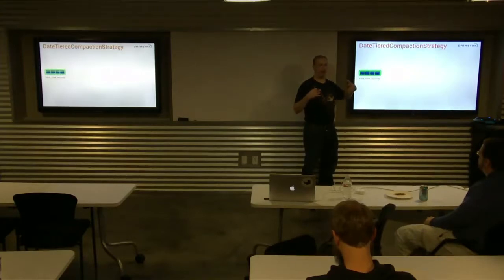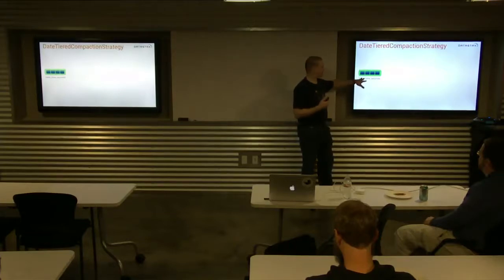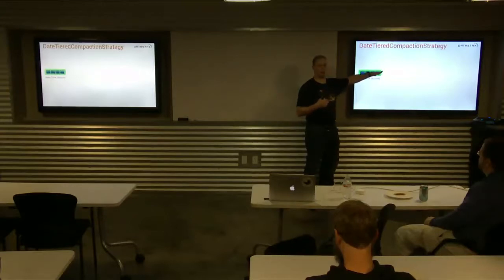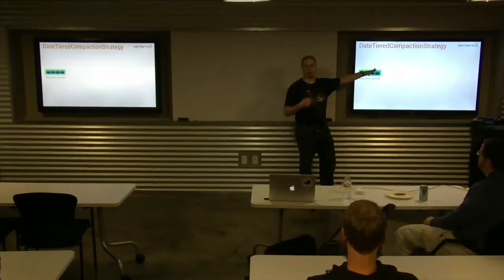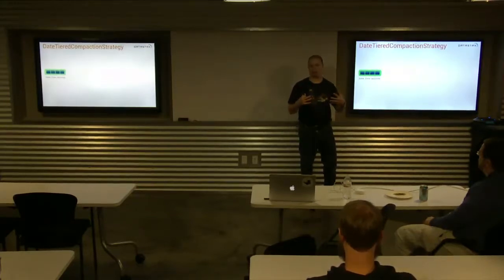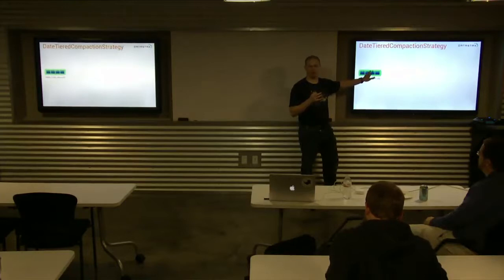And that says, how aggressive do you want me to be at compacting events that are chronologically close together? And so what I'm going to do is, whenever I have more than my minimum number of SS tables within my base time window, I'm going to compact all of those SS tables together. So it's almost like it's doing a major compaction for this window that I've defined, just for that window.